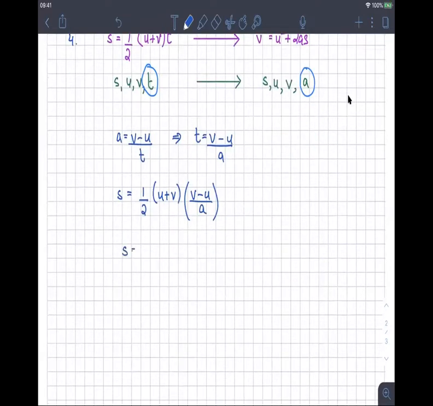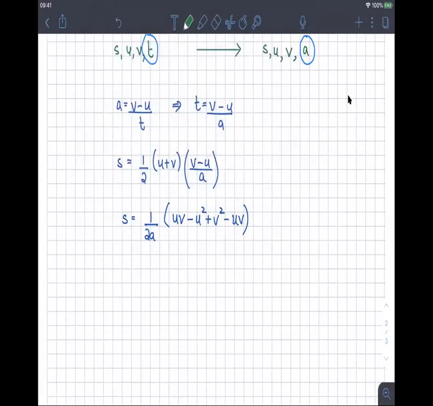Now, just to make it easier, we can pull out the 2a in the denominator because all of these are getting multiplied. So the 2 times the a gives you 2a, and you write it outside the parentheses. And then you just have to multiply this with this. And that gives you uv minus u squared plus v squared minus uv.